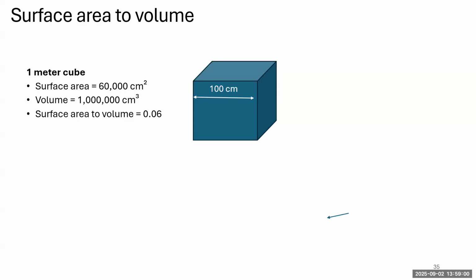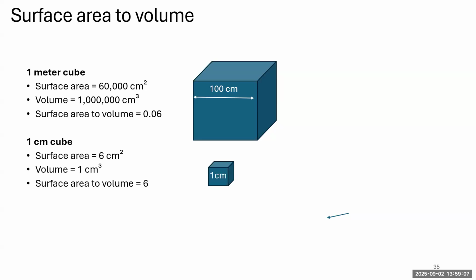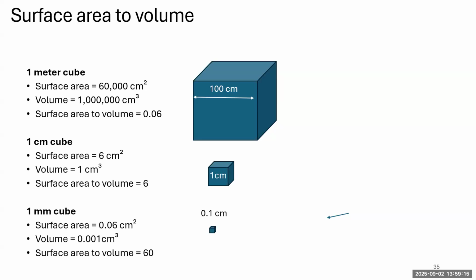If we divide the surface area by volume, we get 0.06. If we go down to a 1 centimeter cube, the surface area to volume becomes 6. A 1 millimeter cube, the surface area to volume becomes 60.